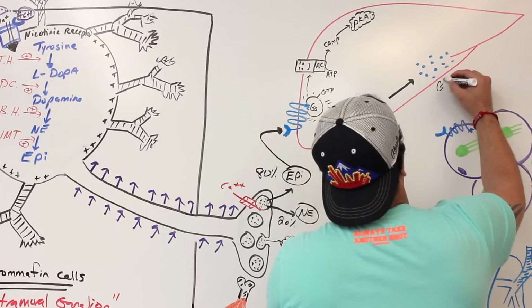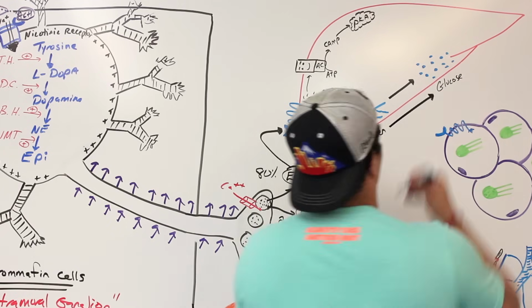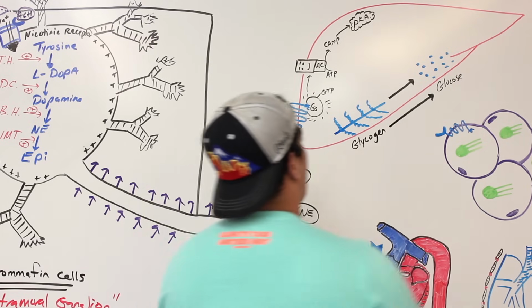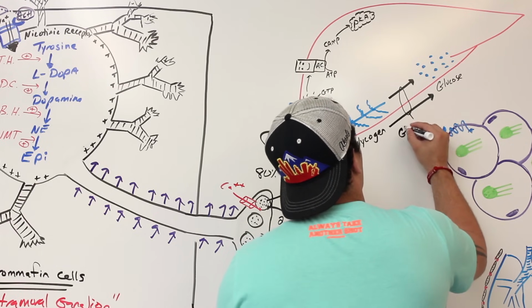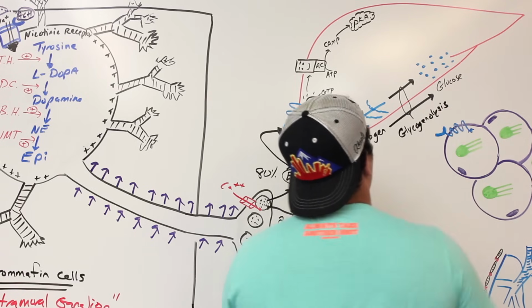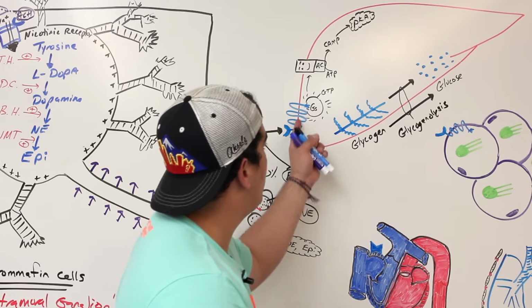Oh, I love it. So glycogen went to glucose. What is this process called whenever you go from glycogen to glucose? This process as a whole is called glycogenolysis, right?